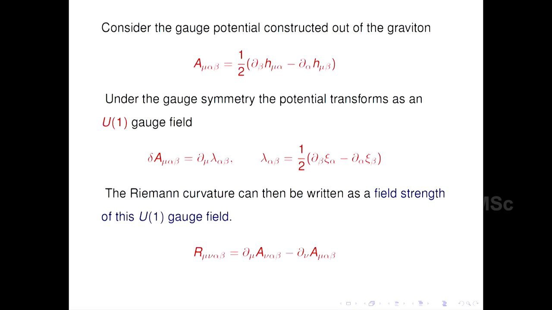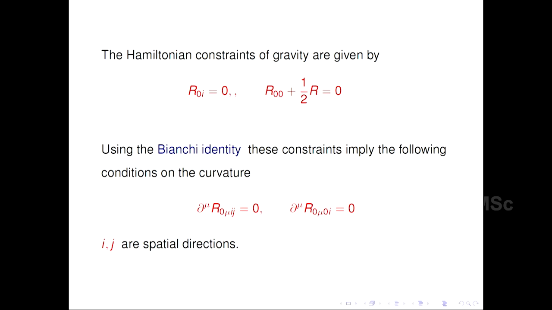If you construct this particular combination, it's a combination of Christoffel connections actually. Alpha beta is like a label, and this object transforms like a U(1) vector potential under that transformation. The curvature is basically like the field strength of that U(1) potential. Now, the Hamiltonian constraints of gravity are the following.